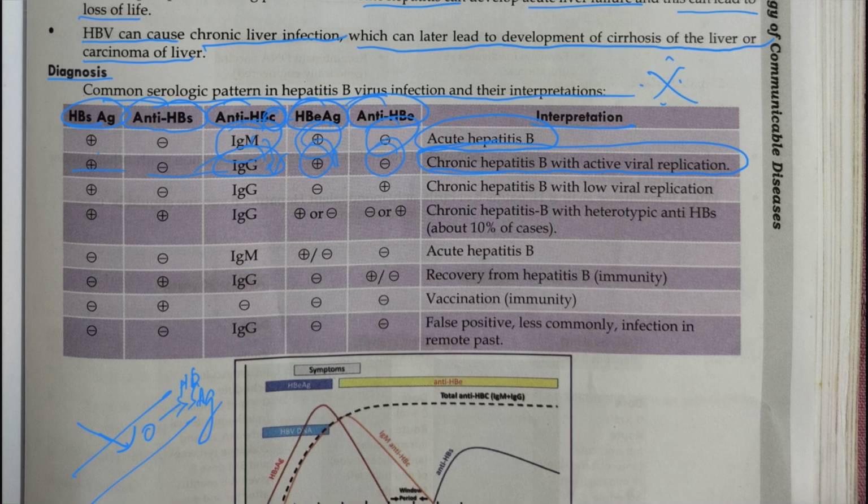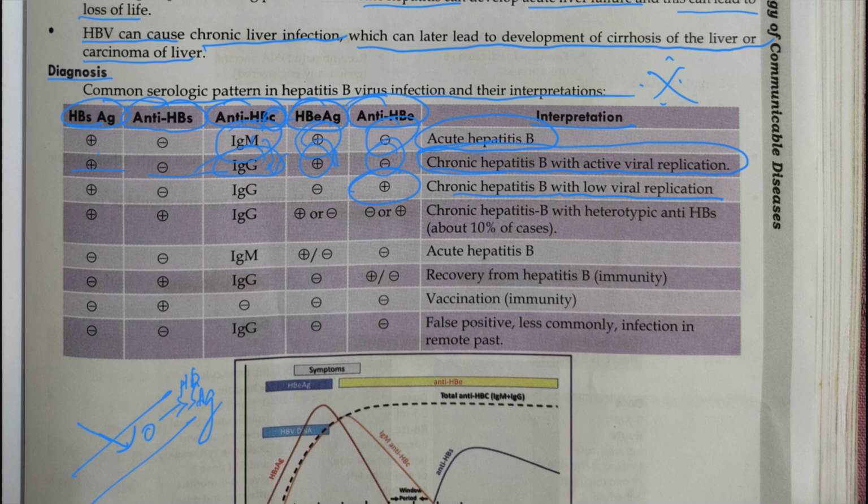Why active viral replication? Because the antigens are still present in the blood serum. Next, again the same, the only thing is anti-HBe antibody is present. So this means chronic hepatitis B with low viral replication.